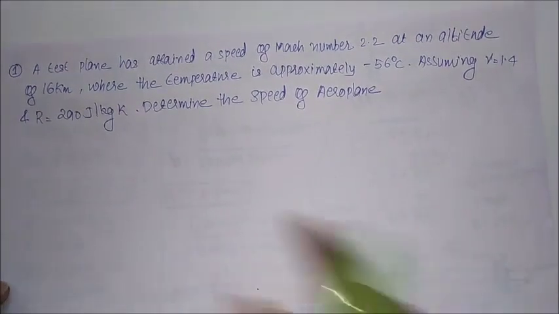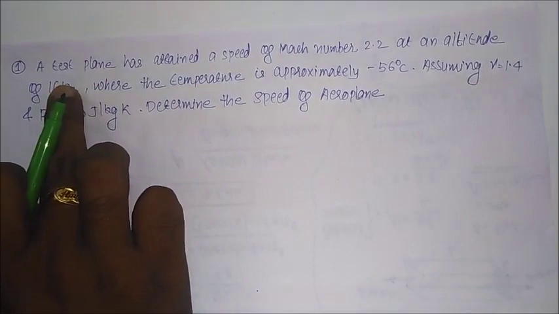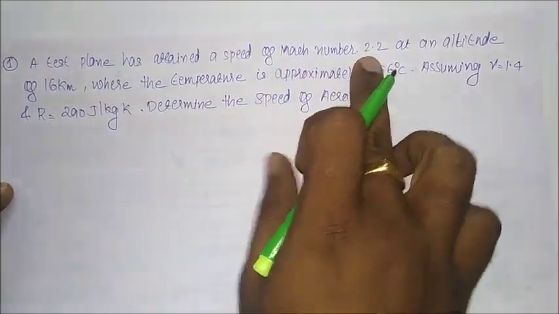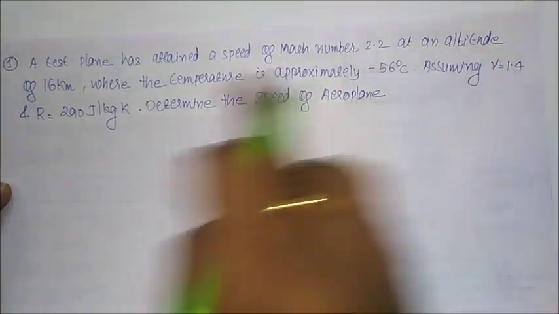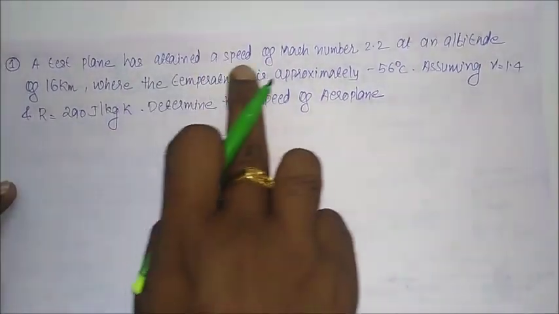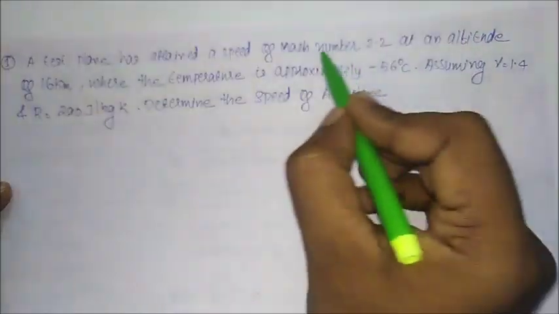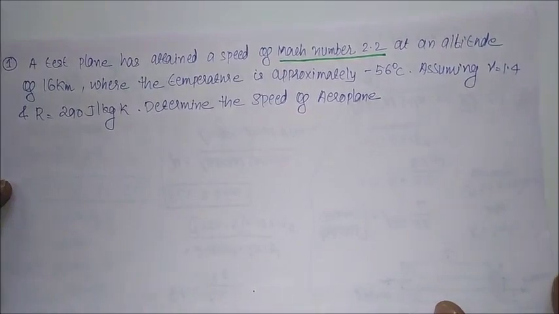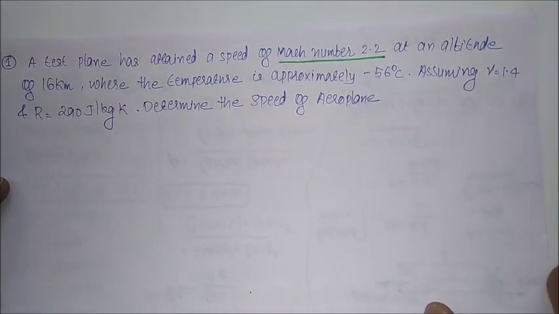This is the first problem. A test plane has attained a speed of Mach number 2.2 at an altitude of 16 km. Mach number is greater than 1, so it is supersonic flow.